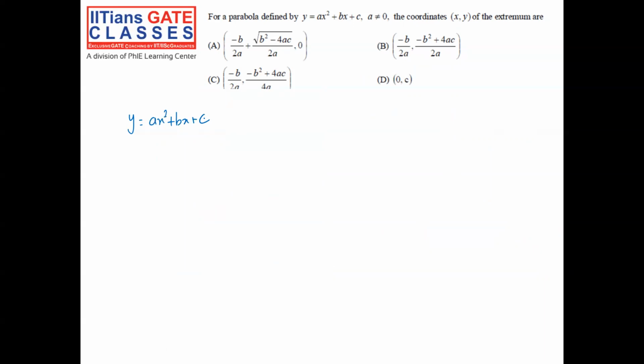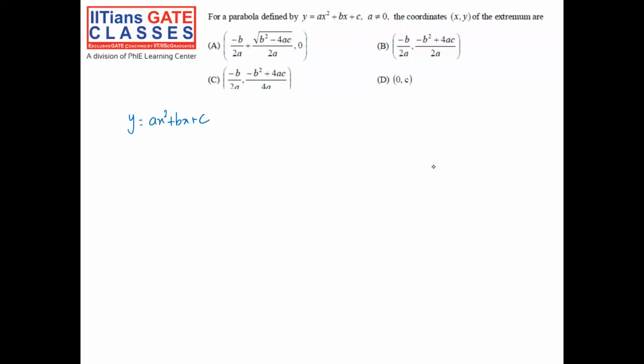The extremum means the point which belongs to either the maximum or the minimum value of the function. Means at that point, we'll get either the minimum or maximum value of the function.